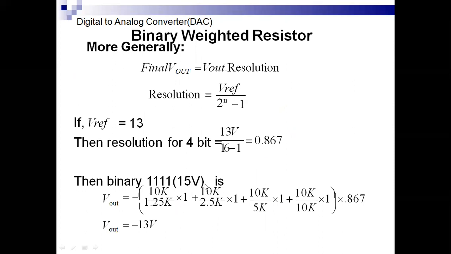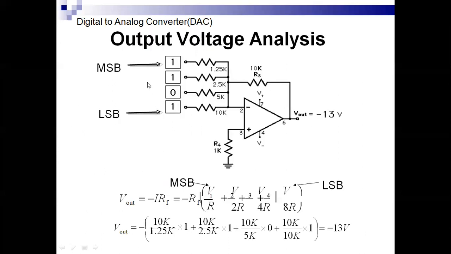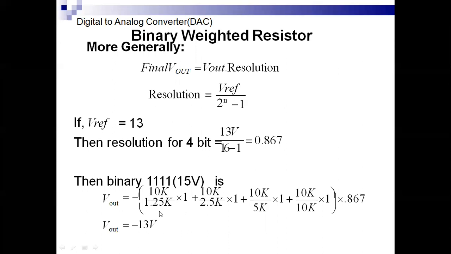Then binary input of 15, that is, we have already converted 10K over 1.25K, 10K over 2.5K, 10K over 5K. We are giving a new input, that is 1111. Previously we gave input equal to 1101. Now here we are giving input equal to 1111, that is 15.